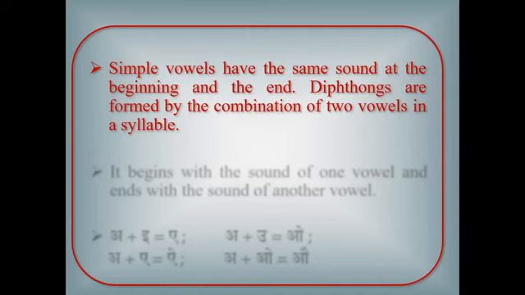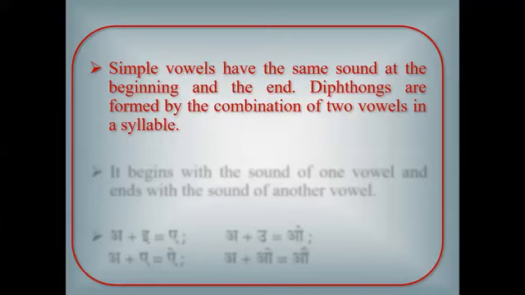For example, if you say the letter A, the sound comes from the throat. The sound must come from the throat, not just opening your mouth and expelling air. Please understand, there is a difference between just opening your mouth and expelling air, Ha, and A, the sound coming from the throat.